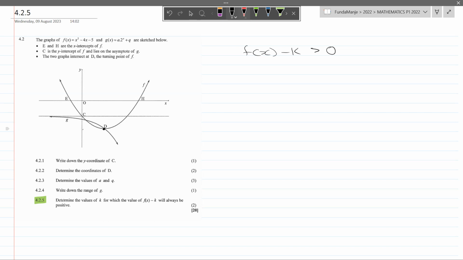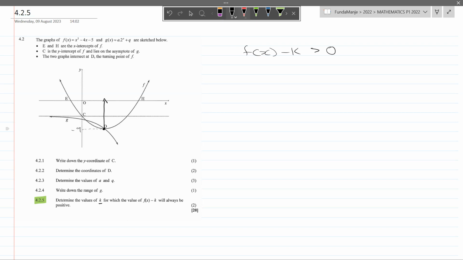That has a y value of -9. So if we want the values of k such that this function is always positive, k will have to be such a value that it shifts up the graph, because remember k is just a constant in this case.